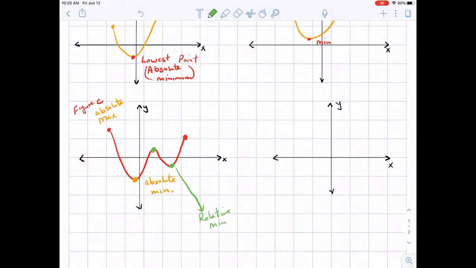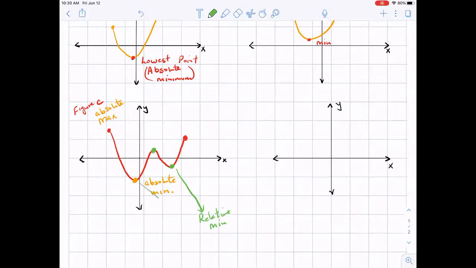When we talk about relative min, as I said, I'm going to give you the definition in a few minutes. A relative min is relative to the points around it. So when you're talking about relative min, you have to compare that with points around it. This point here also will be considered a relative min. So although it's an absolute min, it's also a relative min.